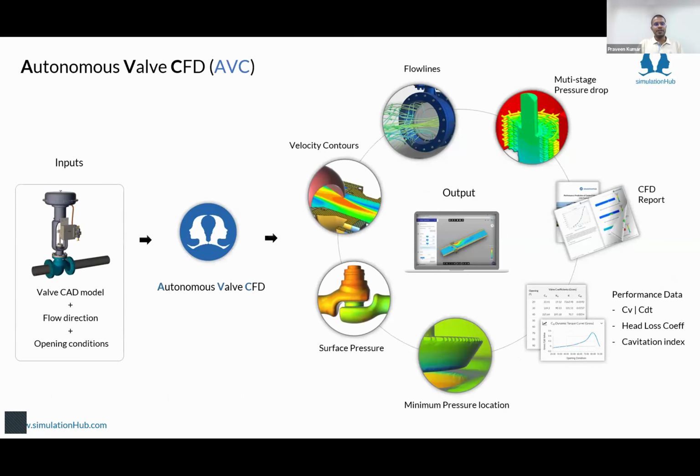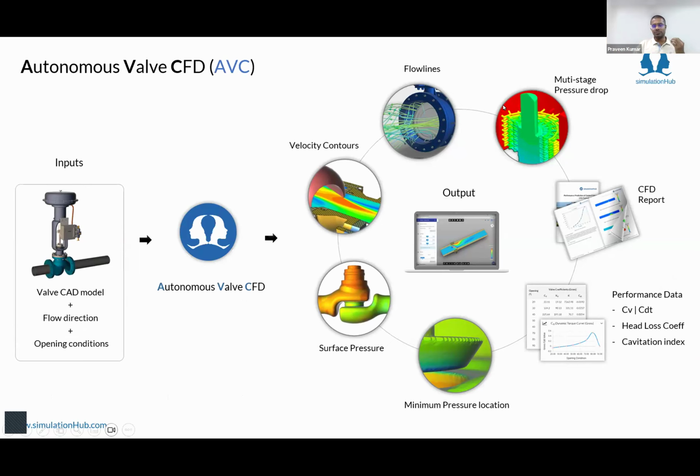We'll show that. To put it simply, what it takes as input is the valve CAD model itself, the flow direction as Akshay showed, and the opening conditions for which you want to simulate. Once it is done, it provides you with a set of outputs. I divide them into two major categories. One is qualitative outputs, like the velocity contours, flow lines, and pressure contours.